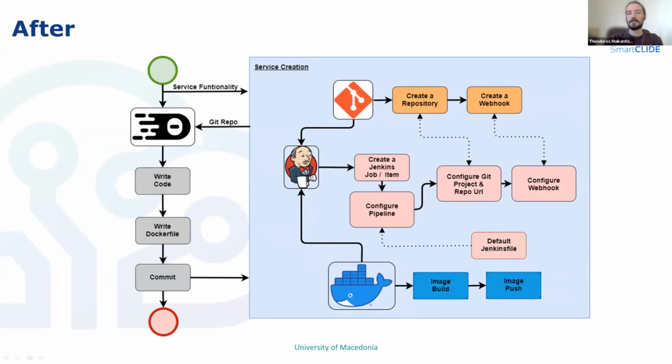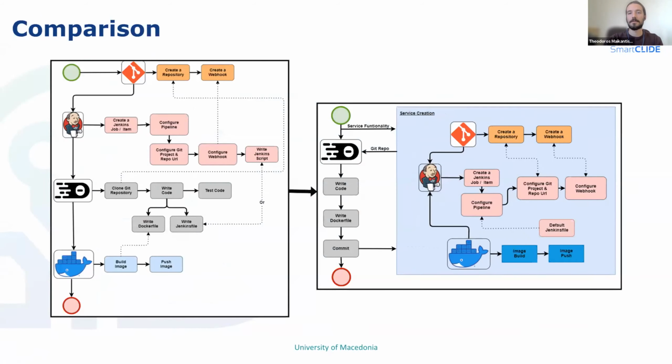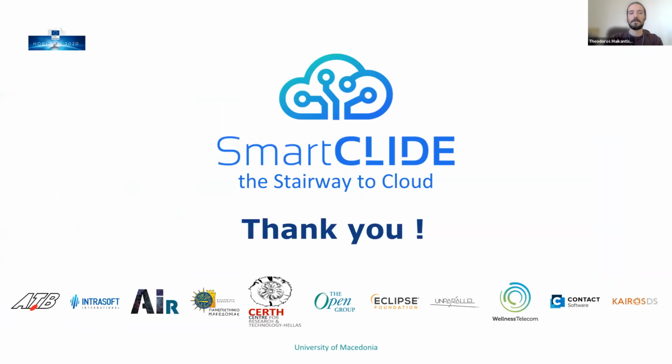Here we see the before and after comparison of the two procedures. And we can understand that the developer is spared the configuration of several tools and the interaction with several tools, and all is presented inside the central IDE for code development. Thank you.